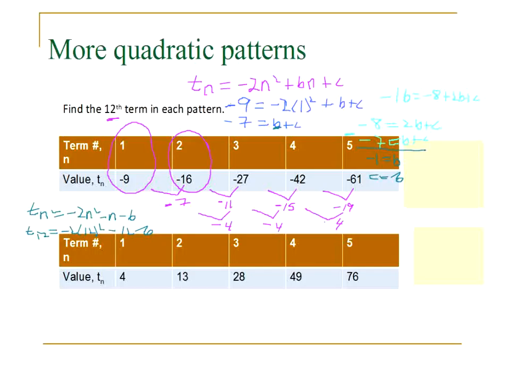Times negative 2 is negative 288. Minus 12 minus 6 gives me negative 306. This one, the second question here, same idea, and you should test yourself to see if you can get the value of 433.